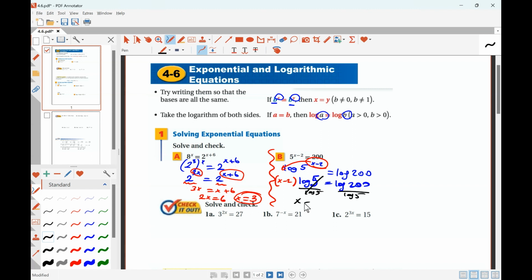So x minus 2 equals log 200 divided by log 5. In this case, we can use our calculators. Everyone has this button on the calculator, log base 10 of something. So just type log 200, and type log 5 too, and see what the answer is.